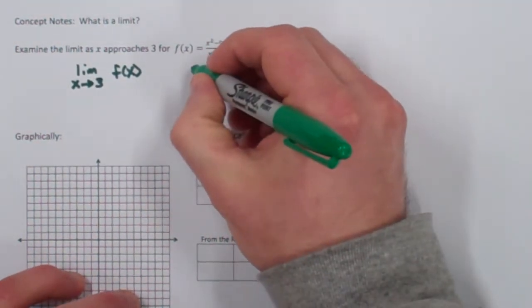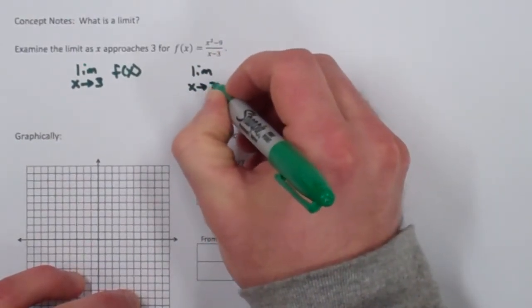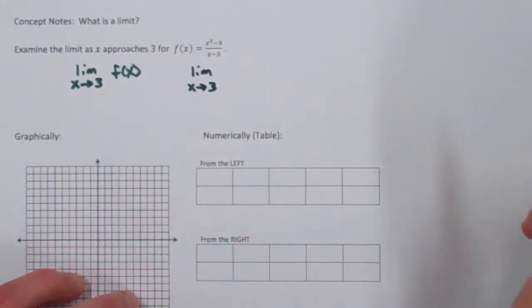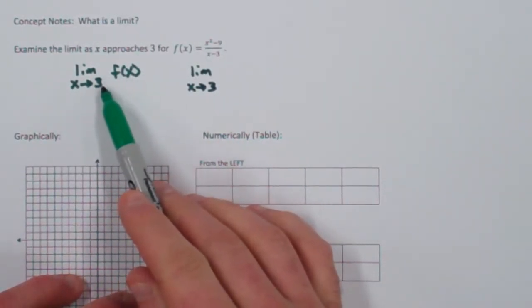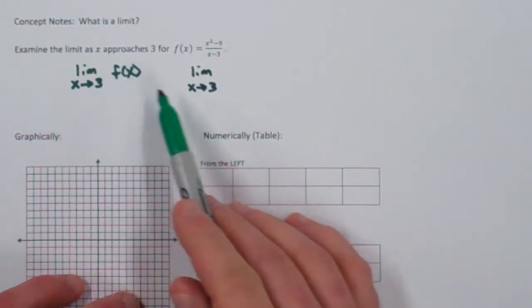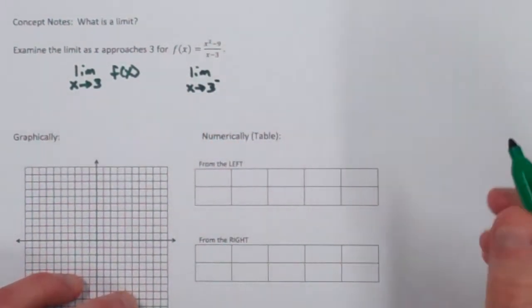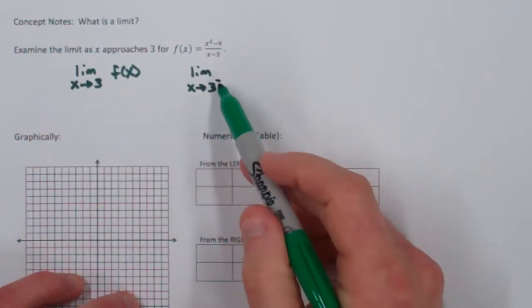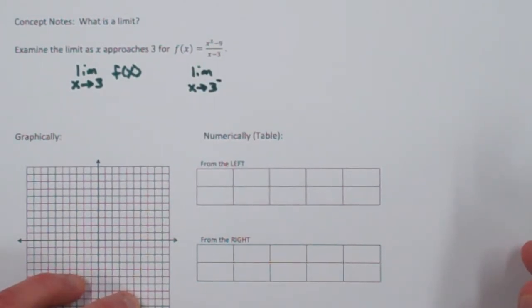So if we want to write that in limit notation, we can write almost the very same thing, except there's one difference. This is the regular limit, where the limits from both the left and the right have to be the same when x approaches 3. Here we want to approach 3, and we're going to add this little negative sign up here in the superscript position. You might mistake that for an exponent, but there's no exponent there.